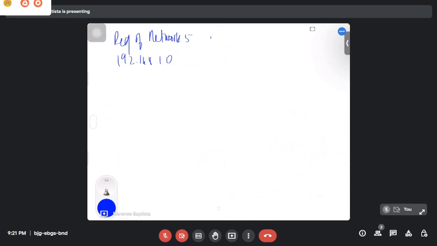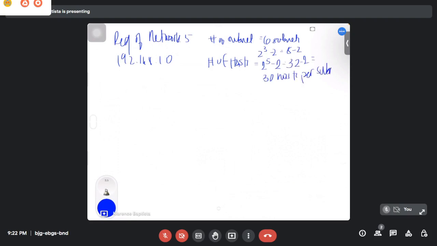Number of subnet, kanina, sagot natin is 6 subnets, kasi 2 raised to 3 minus 2 is equals to 8 minus 2. No? So, number of hosts is equals to 2 raised to 5 minus 2 is equals to 32 minus 2 is 30 hosts per subnet.